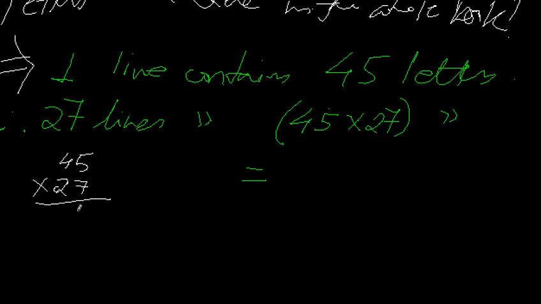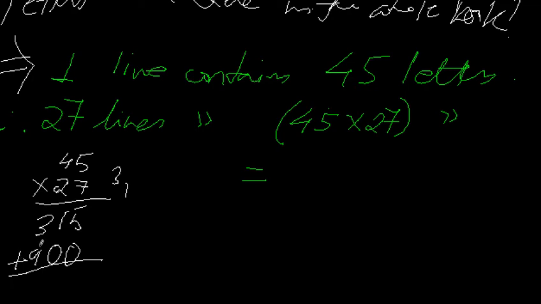5 sevens are 35. I have 3. 4 sevens are 28 plus 3, that is 29, 30, 31. Then 45 into 20, that's why 0 will come first, and then multiply 45 with 2. So 5 2s are 10. I have 1 at hand. 4 2s are 8 plus 1 is 9.